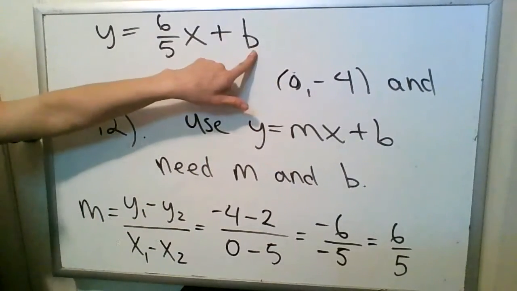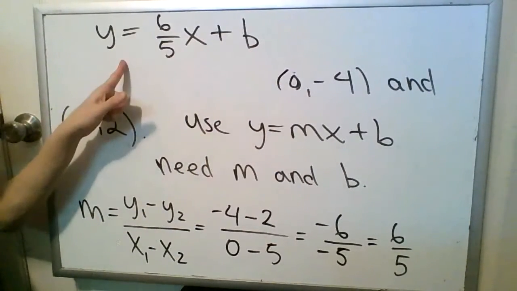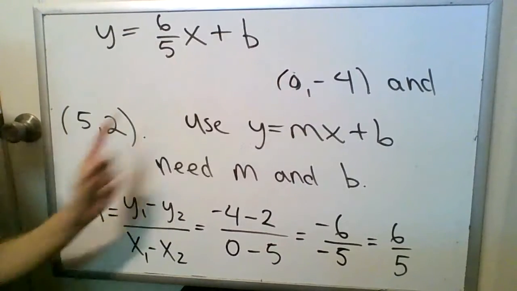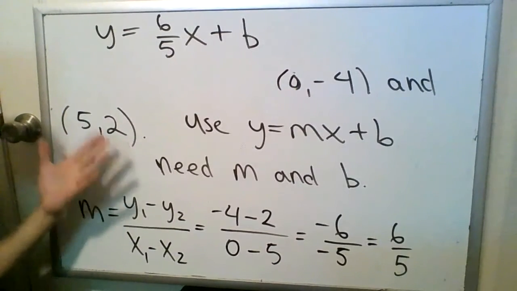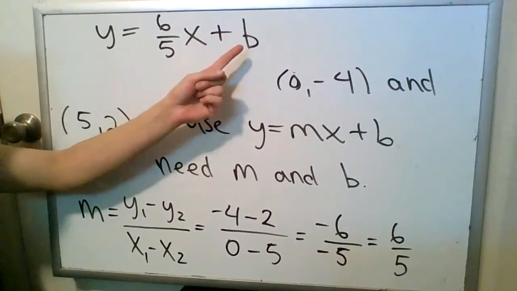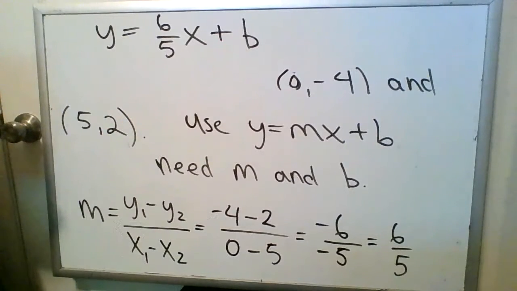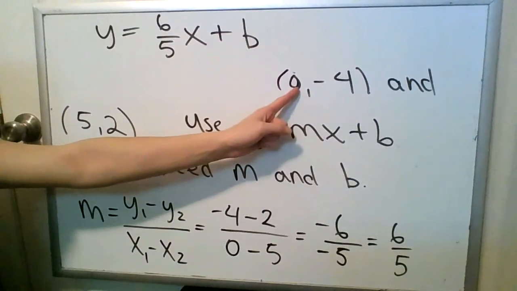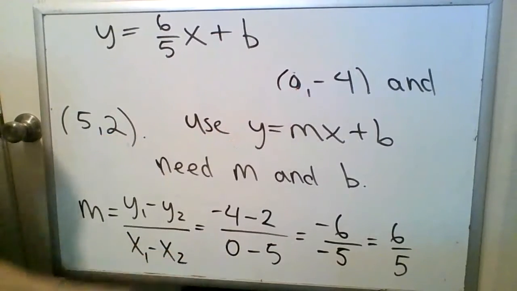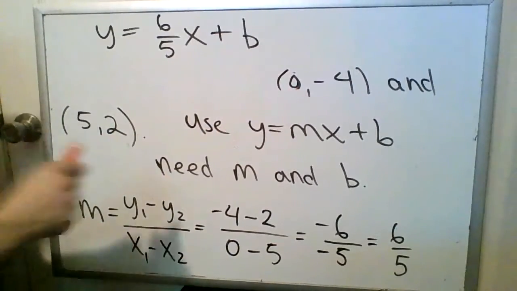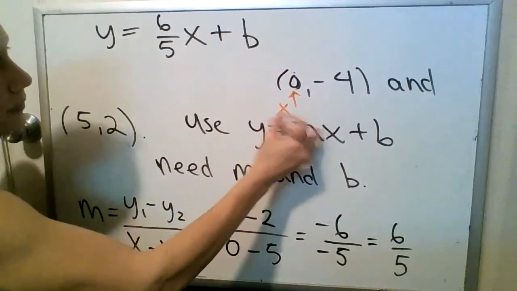To solve for b, you plug in an x and y. You can pick x and y from that point, or you can pick x and y from this point. Either way, you'll get that same number for b. When there's a 0, I like to pick that point. It's going to be nice and easy to work with. So here's my x value. This is going to be y.